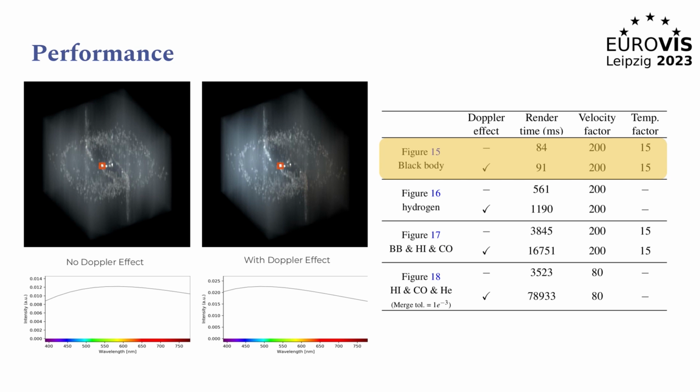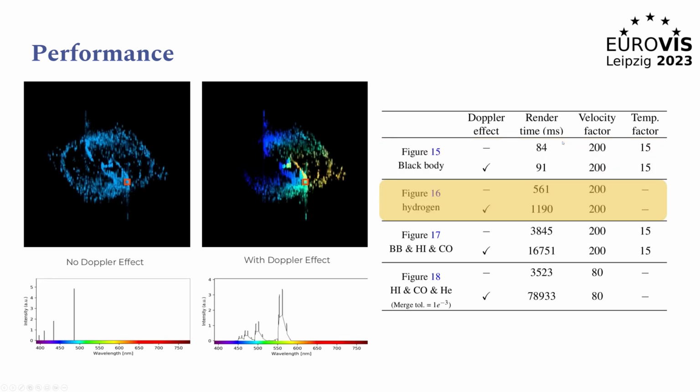Looking at the performance, we recorded the rendering time both for no Doppler effect and with Doppler effect. And here we show the spectrum at the selected point in both cases. For black body, the rendering time was optimal. But for line emission, it really depends on the number of lines in the model.